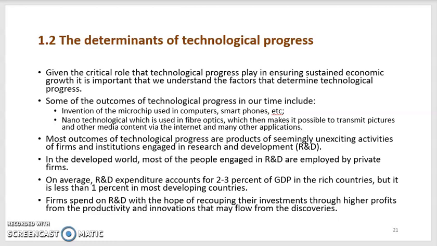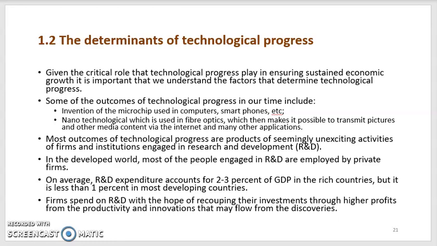So this last point implies that the level of research and development spending depends not only on the fertility of research, that is, how spending on research and development translates into new ideas and new products, but also on the appropriability of research results, that is, the extent to which firms can benefit from the results of their own research and development.